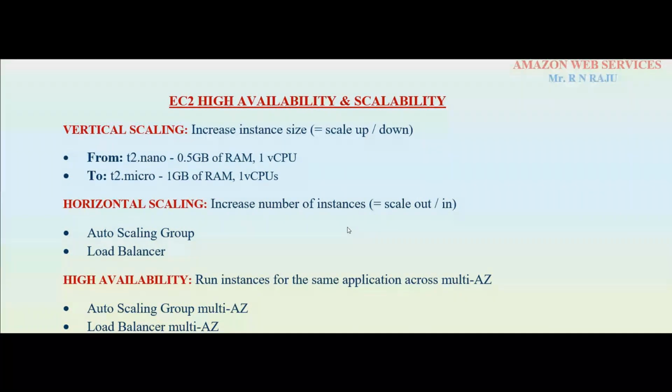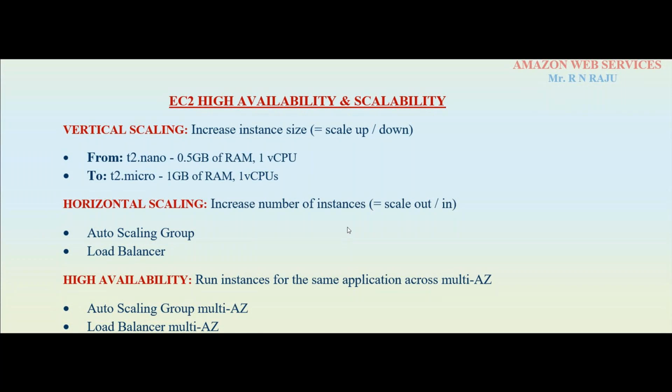My requirement is when the CPU utilization is greater than or equal to 40%, one more instance is added automatically to the scaling group. Then the two instances will share the incoming traffic automatically. So increasing the number of instances is nothing but horizontal scaling.